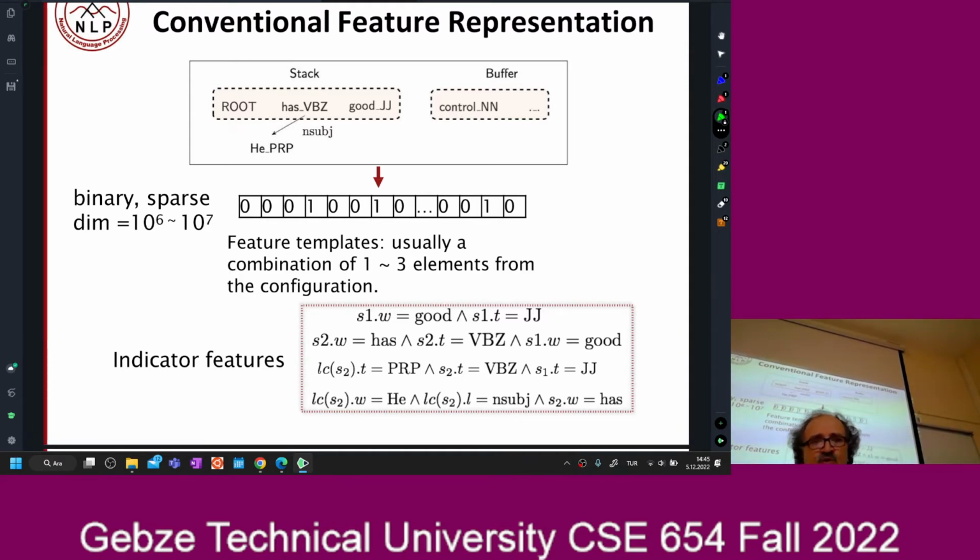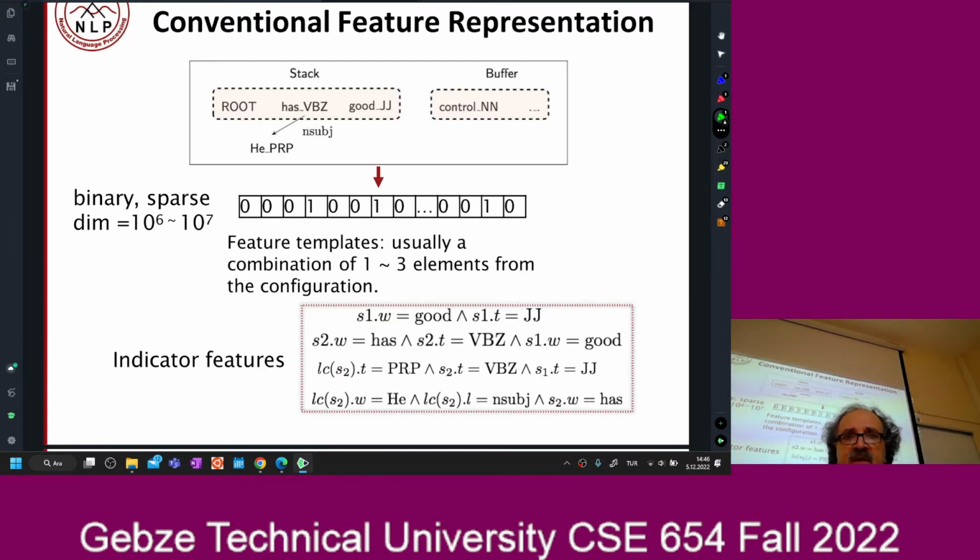So what do you think? Should we shift or should we left arc or right arc? Looking at those, if you are going to give me only these 3, then maybe I should what? Has good control, right? It looks like I shifted good, and when I am reading control, now I'm going to make a decision: shift or right arc or left arc.